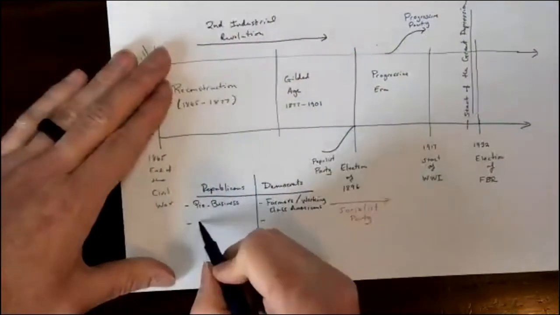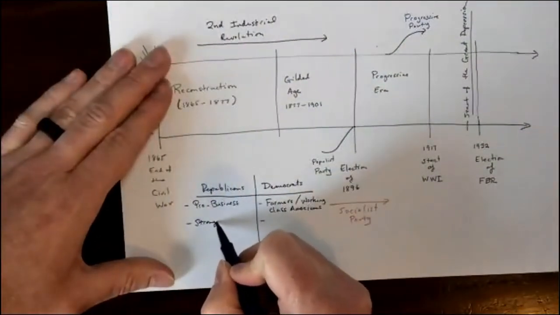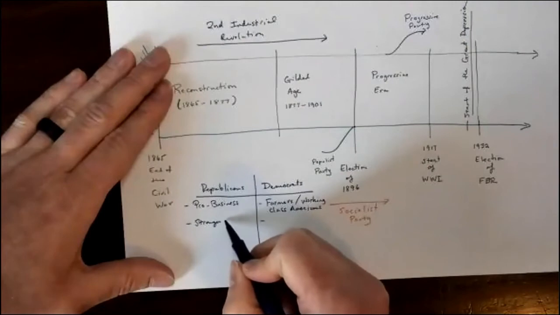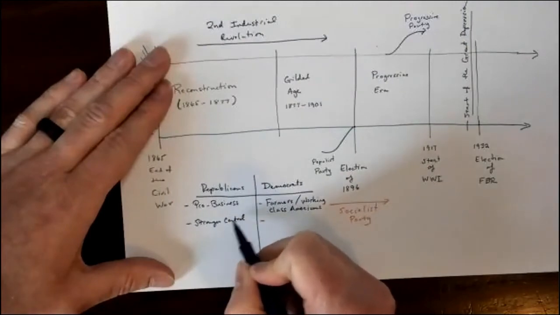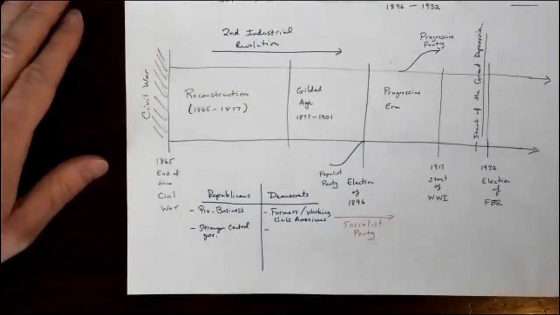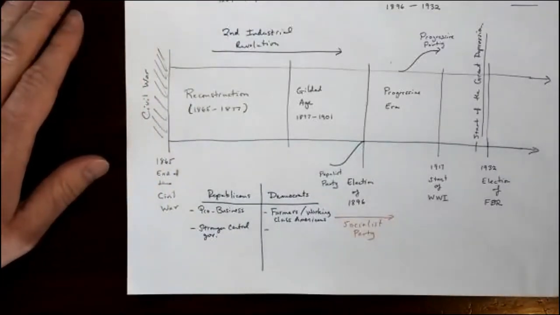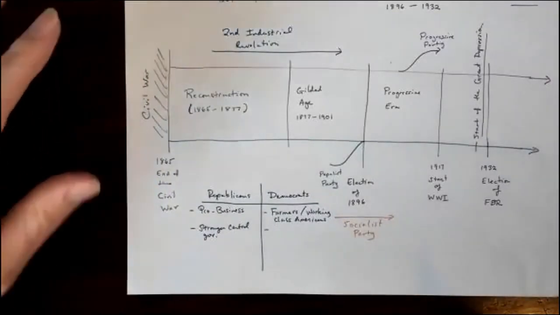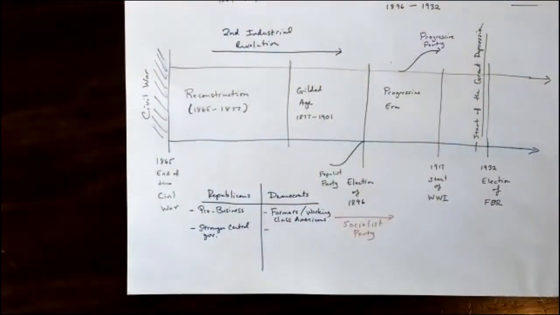The Republicans want a stronger central government. There's a continuity. And we see that with, for example, Reconstruction. So the Republicans want the federal government to basically rebuild the South and kind of remake them.